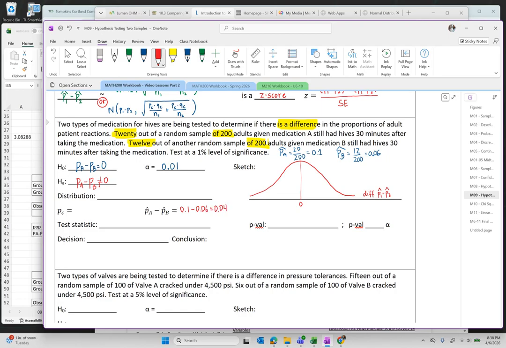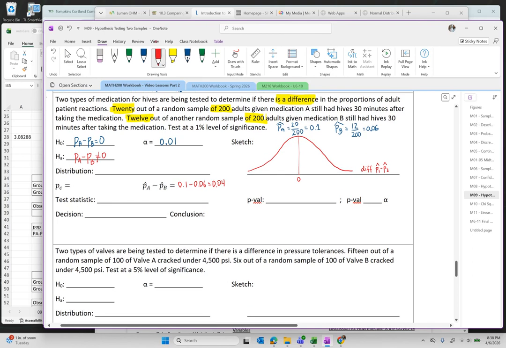And we can also calculate the pooled proportion, that is x1 plus x2, 20 plus 12, where the adults in each sample that had hives 30 minutes after taking the medication, over n1 plus n2, 200 plus 200. Sorry, it's not 16, it's 12. So 32 divided by 400 is 0.08.